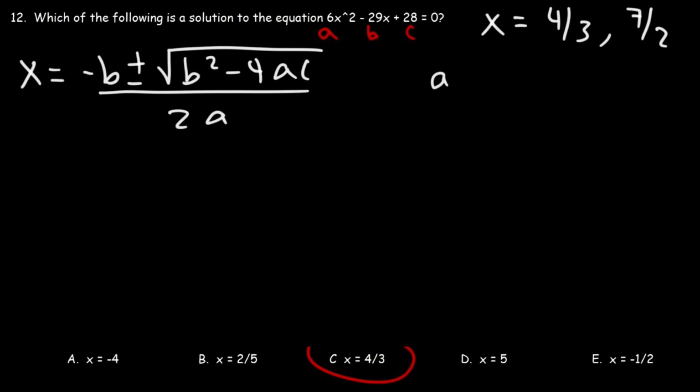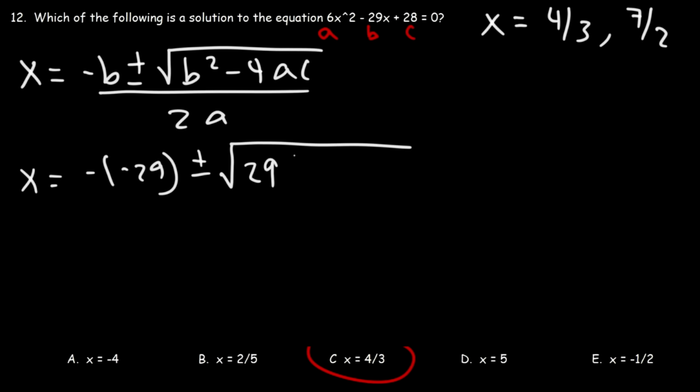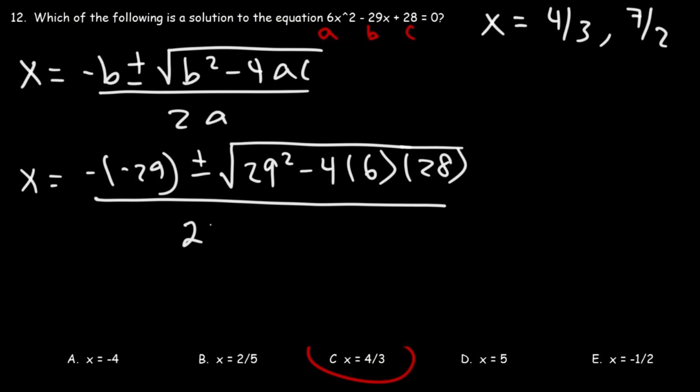That is, it's an ax squared plus bx plus c form. So now let's plug in those numbers into the formula. So we said b is negative 29, and then we're going to have b squared, 29 squared, minus 4 times a, which is 6, times c, which is 28. And then this is divided by 2a, or 2 times 6.